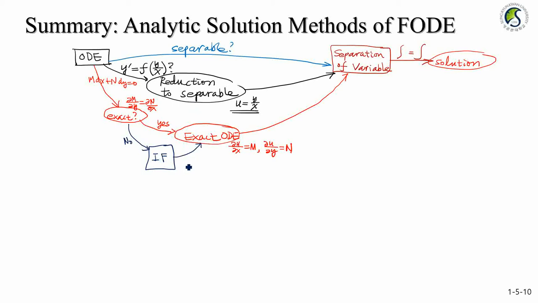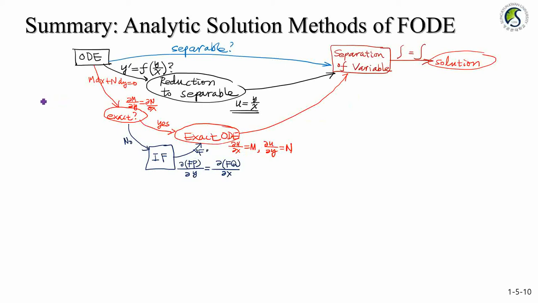Finding the integrating factor means having this relationship, d(FP) over dy equals d(FQ) over dx, and then if you find F from this, you multiply F into the equation, and then the equation becomes exact, and then you could apply the exact method.